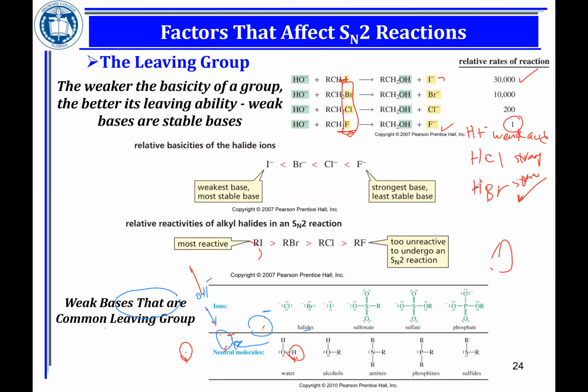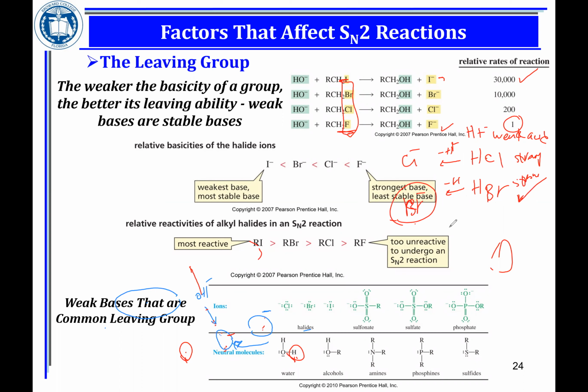So after losing hydrogen, the acid is going to change to its conjugate base. The stronger the acid, the weaker the conjugate base is going to be. So a weaker conjugate base is a better leaving group, and is more stable. A strong base is looking for H+ to attach.